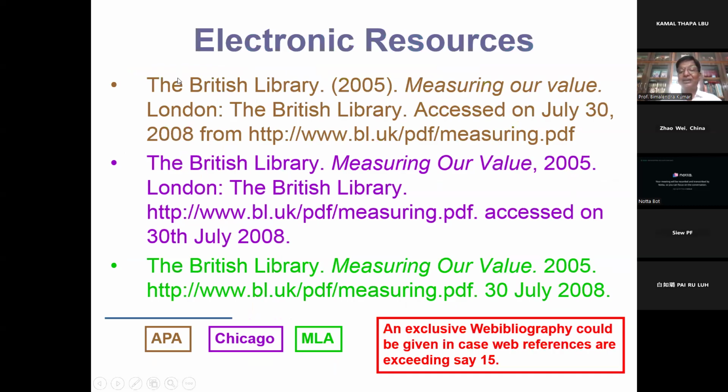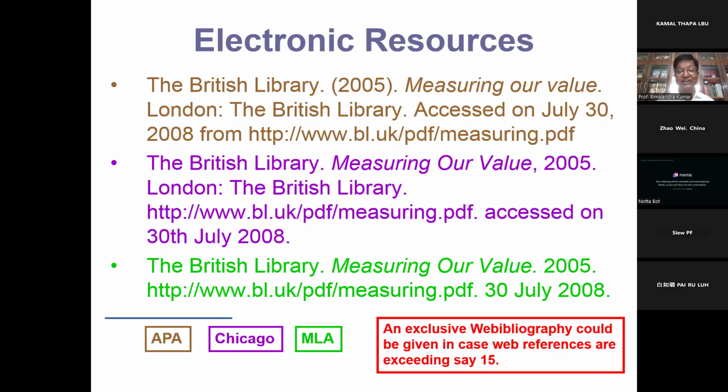Again, there are electronic resources, and how the e-sources gathered by a researcher must also be given. So this is the British Library, 2005. Before 2005, you have to put a dot in the case of the APA system. Measuring Our Value, London, British Library, accessed on July. You have to put the date on which this e-copy was accessed by the researcher. The name of the link can also be given.